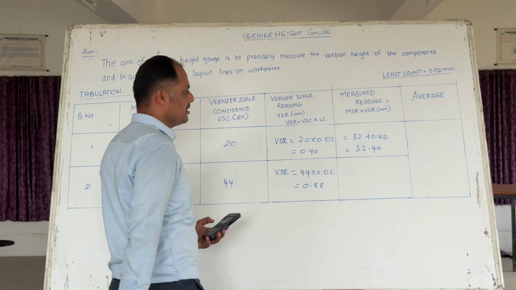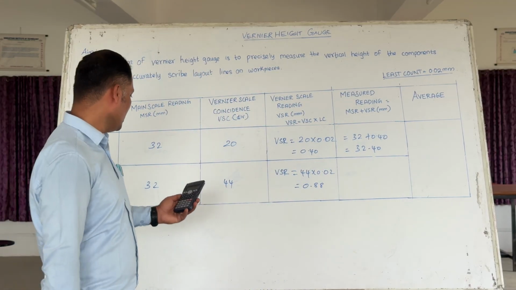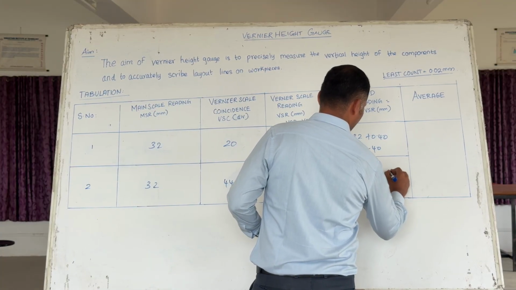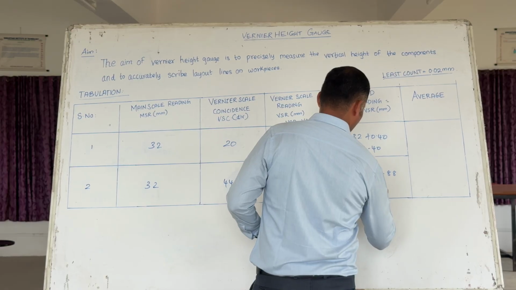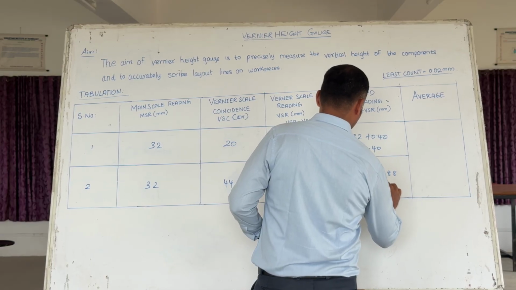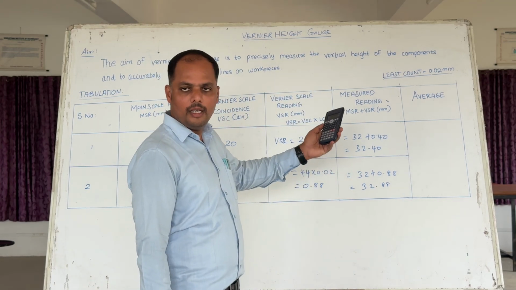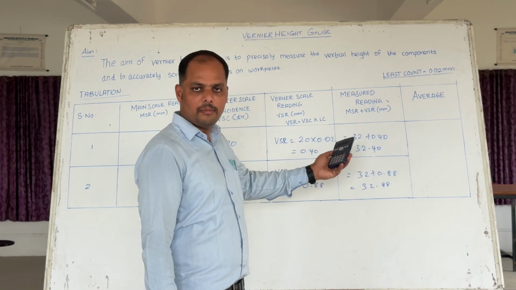Finally the measured reading is equal to MSR plus VSR, so 32 plus 0.88 is equal to 32.88.